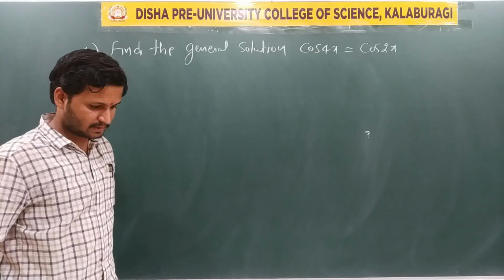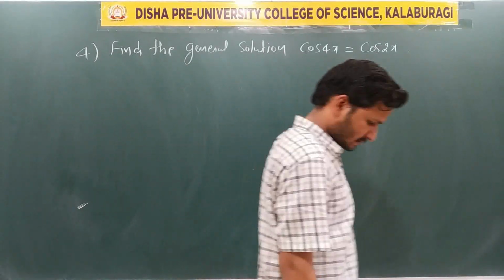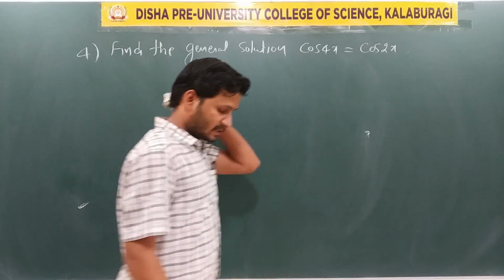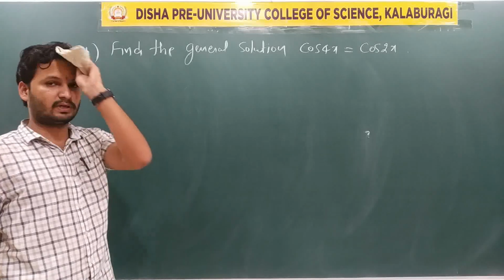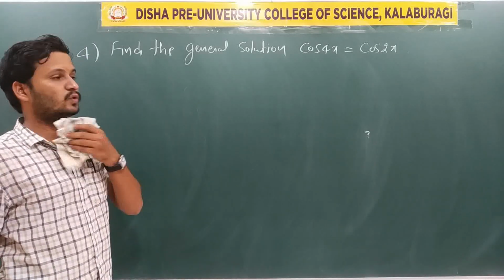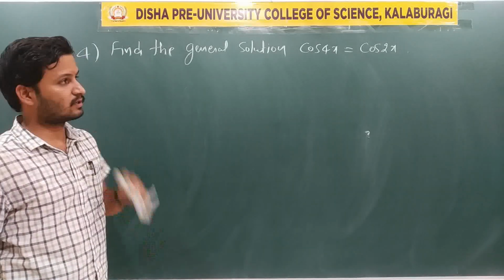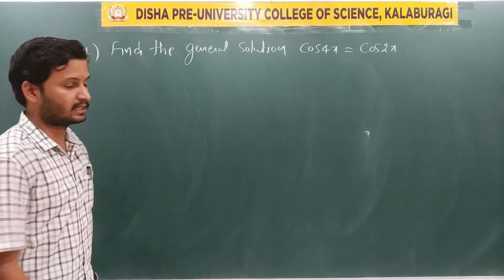Observe here, the given question is cos of 4x equals cos of 2x.